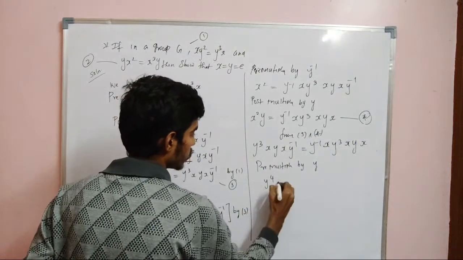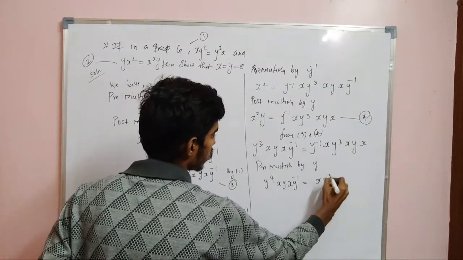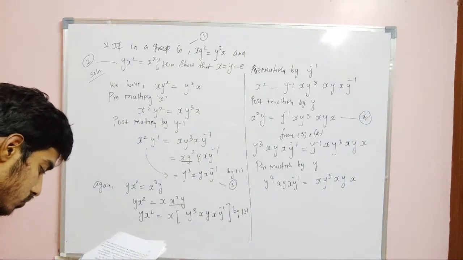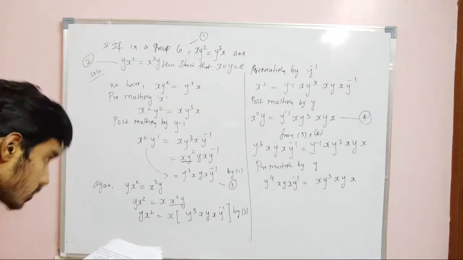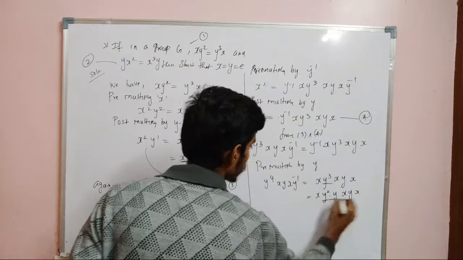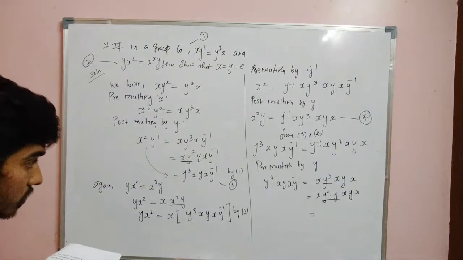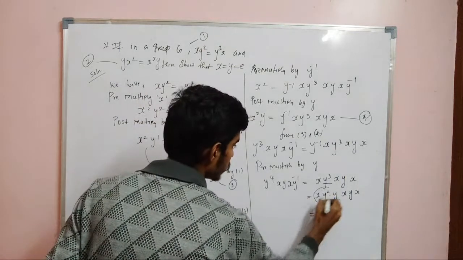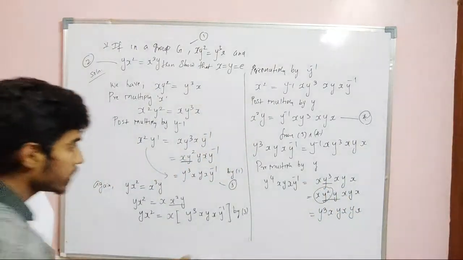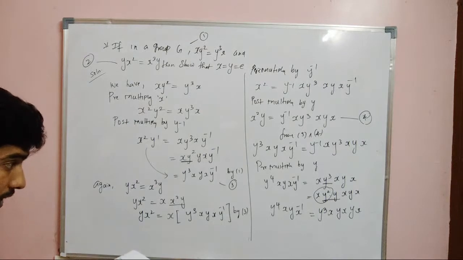So y power 4 x y x y inverse, and pre-multiply by y, this y into y inverse will be I. I am writing y cube as y square into y, so we know xy square is y cube x.